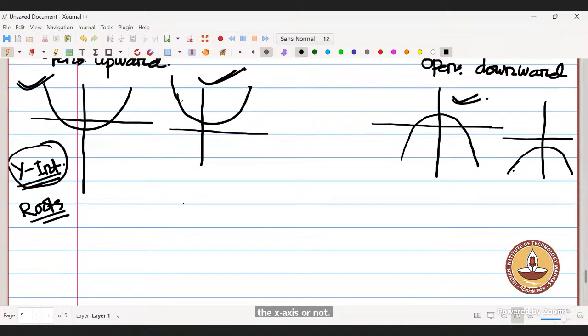So this parabola is, in some sense, a nice figure. It has symmetry about something. Suppose you have a parabola.